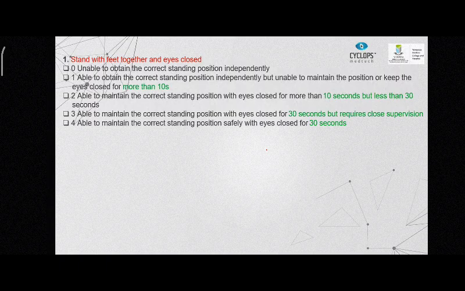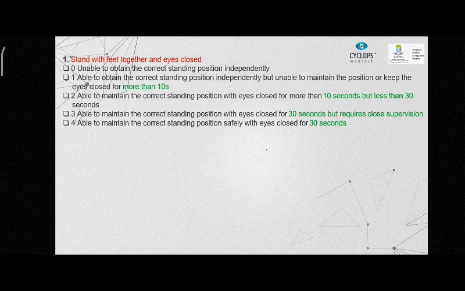So let us start. We will ask the patient to stand with feet together and eyes closed. We will give a score of 0 to 4. 0 if the patient is unable to maintain the standing position independently. If the patient is able to maintain the position but is unable to keep the eyes closed for more than 10 seconds, the score is 1.